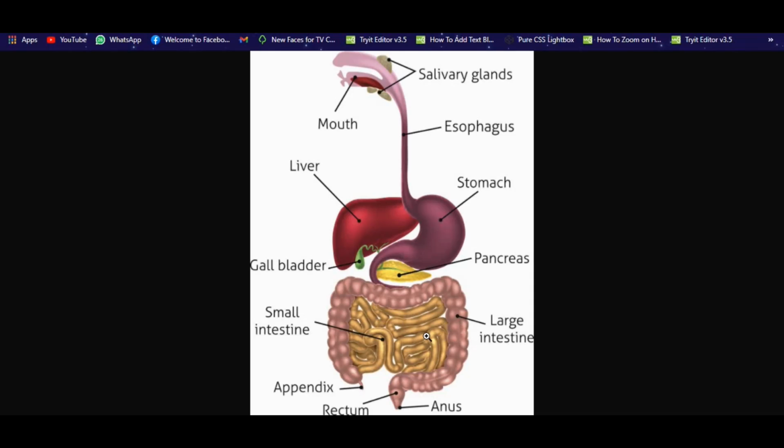The only reason it's folded up is that our abdominal section, underneath our chest to our waist, is quite a short section to fit about 9 meters worth of system. It's quite a short little space, as we see in this little diagram here.